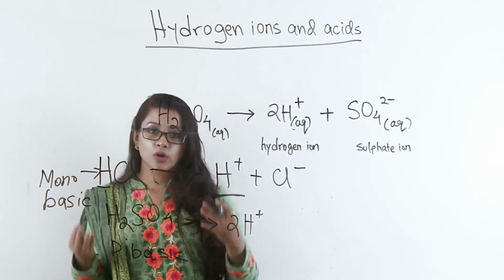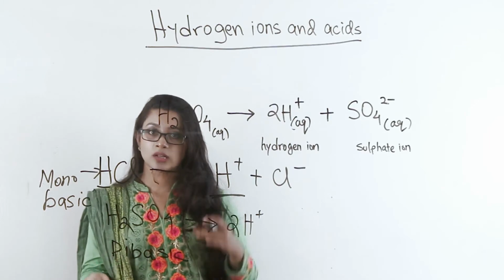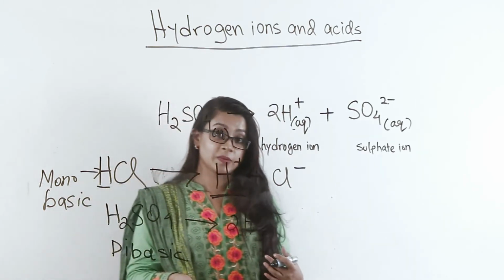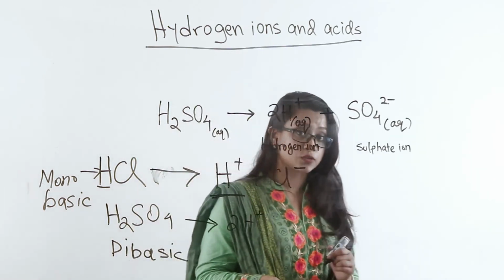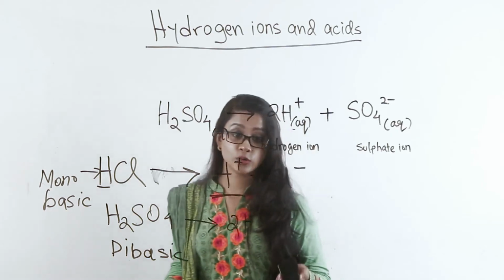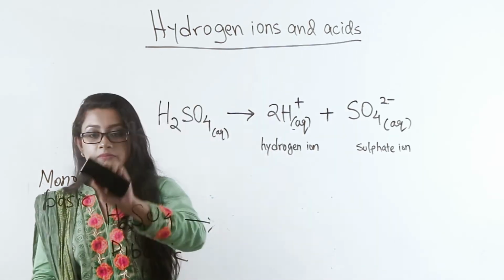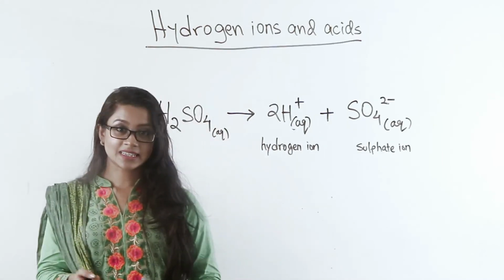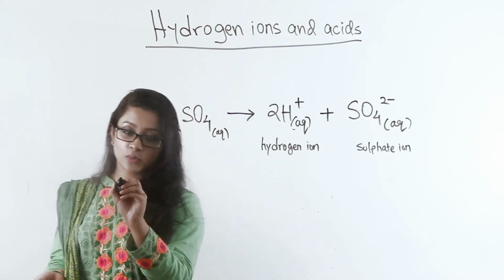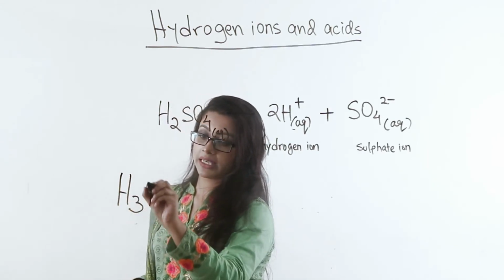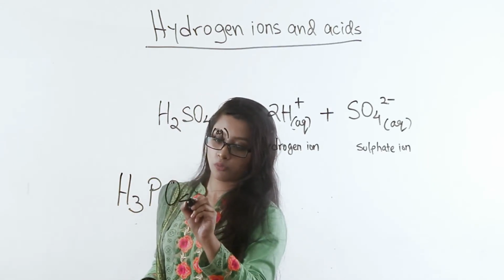So, are monobasic and dibasic the only ones? No. There is also tribasic. An example of a tribasic acid is phosphoric acid, which has the formula H3PO4.